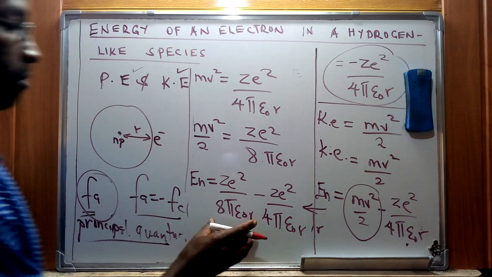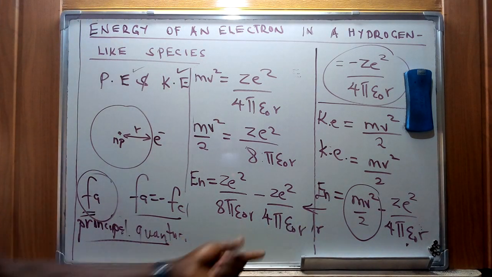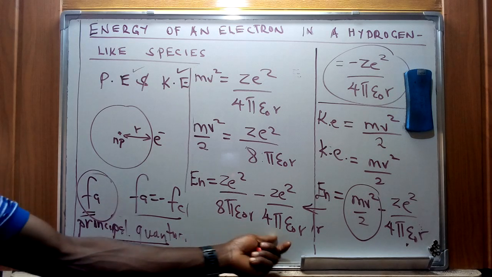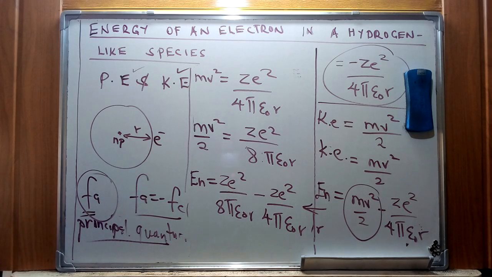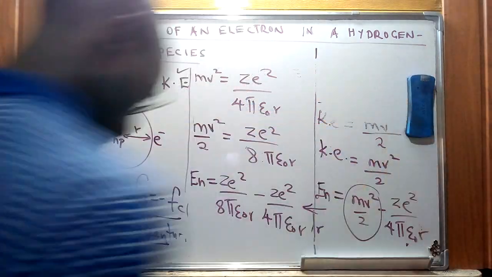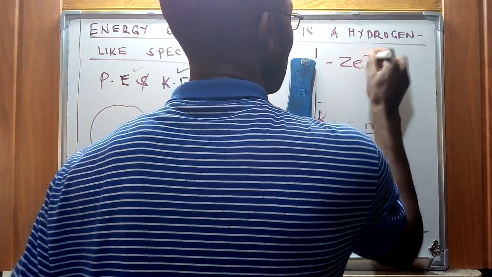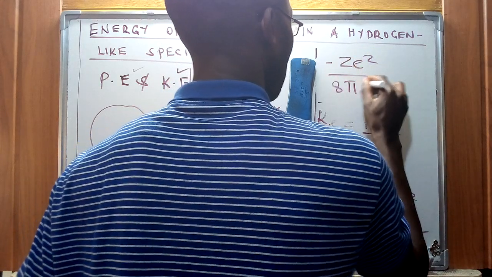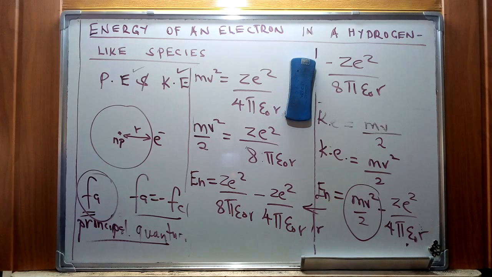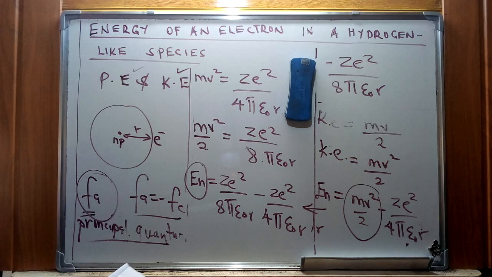So basically this is implying half minus this specific quantity. If we do basic mathematics, we're going to have a negative half of this value remaining. So we're going to have this given as negative Ze squared over 8 pi epsilon r, and this is going to imply the En value that we're going to describe.